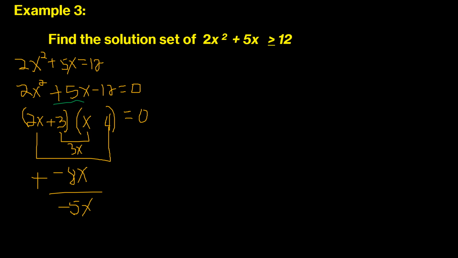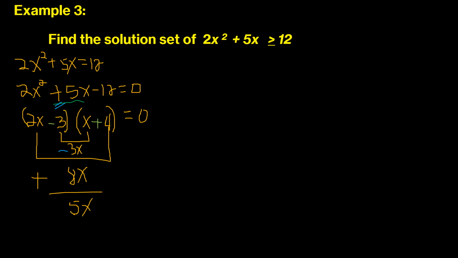So we have to change the signs of the factors of 12. Let's try positive here and negative here, so that 2x times 4 will give us positive 8x, and 3 times negative x will give us negative 3x, and if we add, it will give us positive 5x, which is now the sign of our linear term in our quadratic equation.